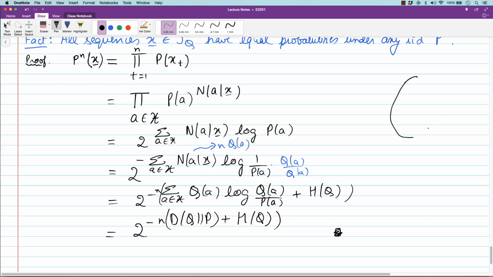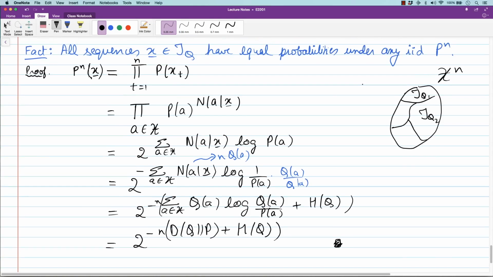This is all possible sequences in Xn, and we have divided it into different types, T Q1, T Q2. This is a partition of these sequences into sets with constant probabilities. So that's very interesting. If you look at the distribution under any IID distribution induced on this set, conditioned on sequences of a given type, that distribution is uniform.